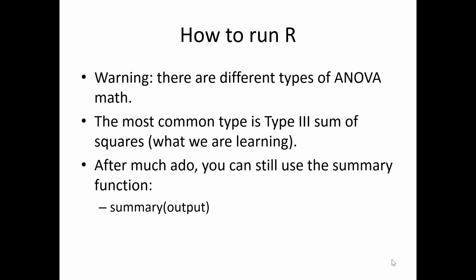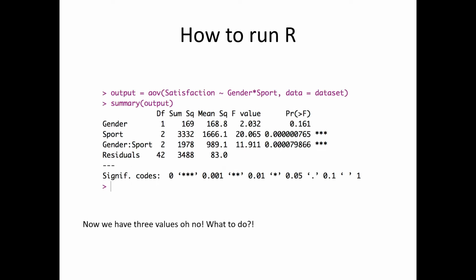If you're reading these sources, it says the summary function is type 1. But after testing this for a bit, it's actually clearly type 3. It gives you the same results as SPSS. So I'm sure something has been updated somewhere that the books haven't caught up to, so you can just use the summary function to get type 3 sum of squares, which is what I did here.